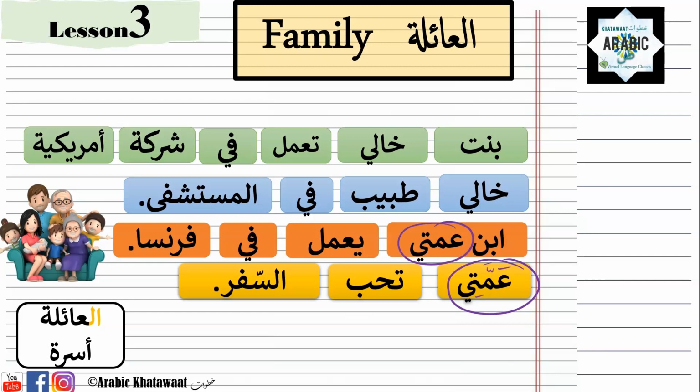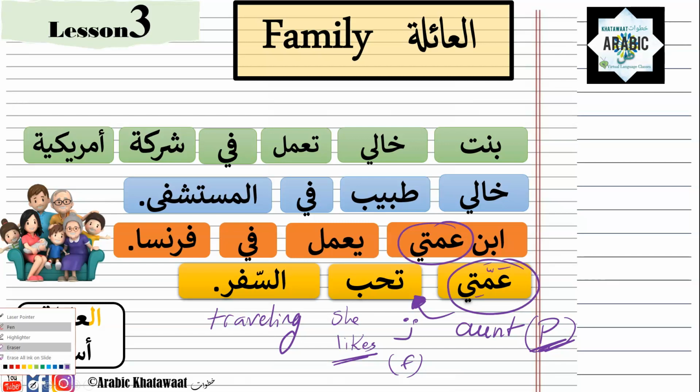That way, when you look at the verb conjugation, you can tell that when I'm only referring to my aunt, this being my paternal aunt, I'm using تحب because that's feminine. تحب, she likes. السفر, traveling. عمتي تحب السفر. My aunt loves traveling or likes traveling.